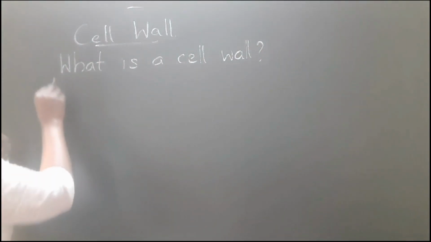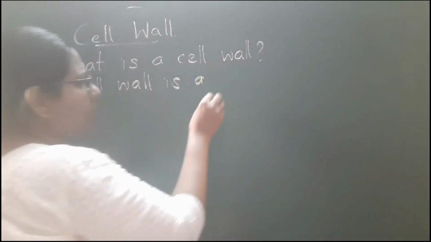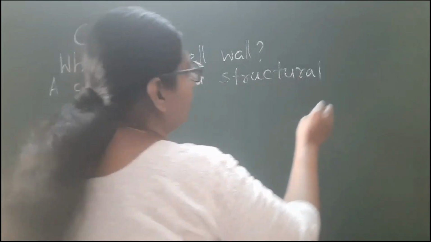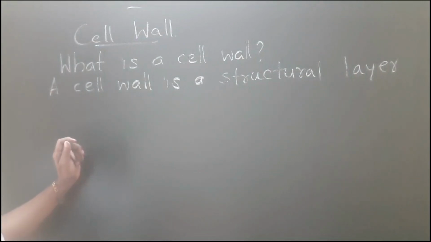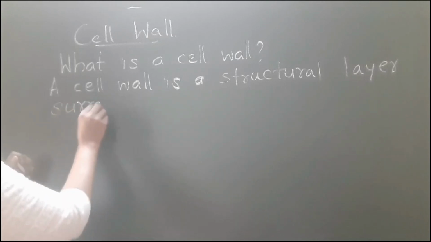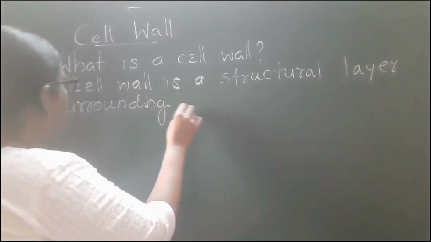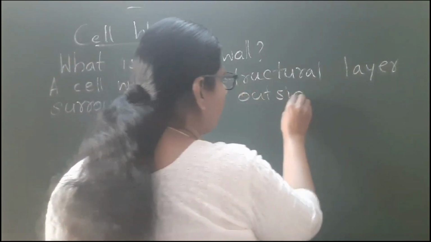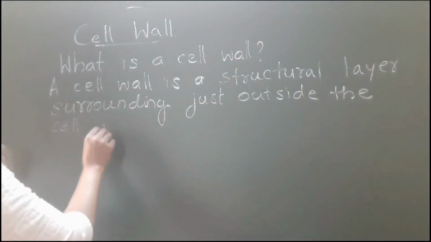A cell wall is a structural layer surrounding just outside the cell membrane.